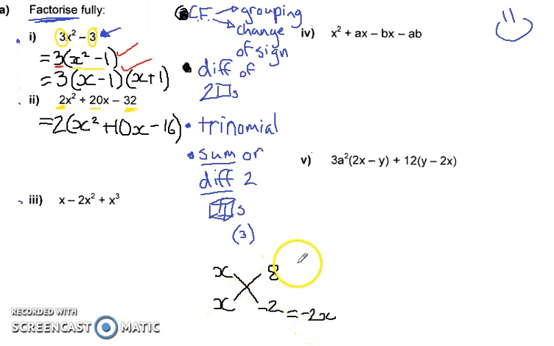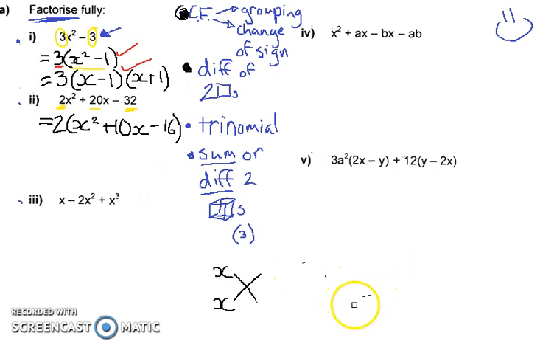And x times by 8 gives me 8x. If I add those two together, I'm going to get 6x. And that's not what I want. So let's erase that quickly. 8 and 2, there's no way it's going to work. Some other factors, 4 and 4. Nope, I don't see that working.